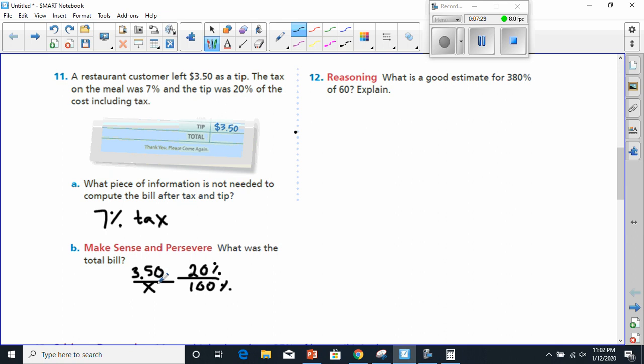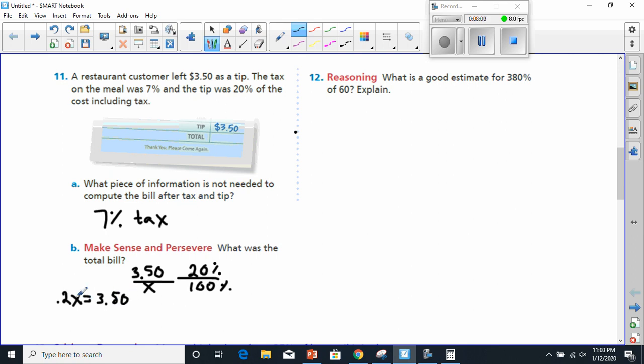We're trying to find what was the total bill. So we're going to cross multiply, and remember we have to move our decimal over 2 spaces. That's going to give us 0.2x equal to 3.5.